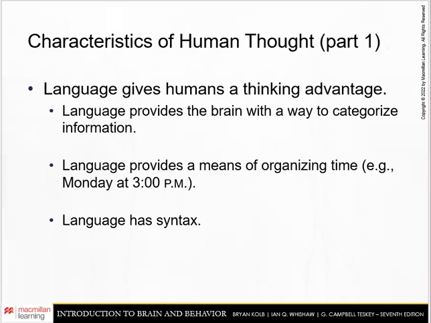A language provides a means of organizing time so that we can think about the auditory stimulus of Monday, the word Monday, hearing that at 3 p.m. And we're able to provide semantic meaning to that auditory stimulus that doesn't necessarily need to be there, which is just utterly unique.